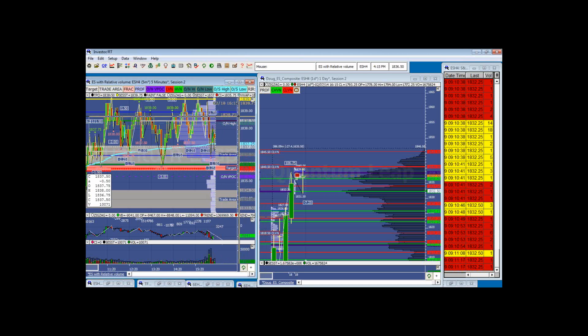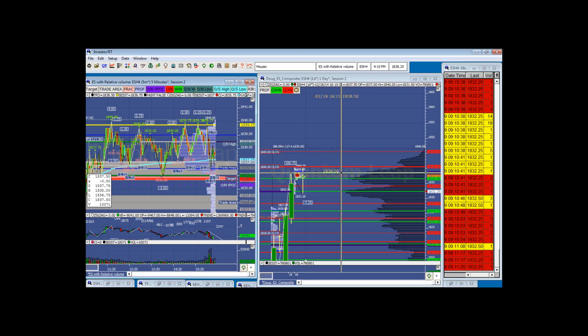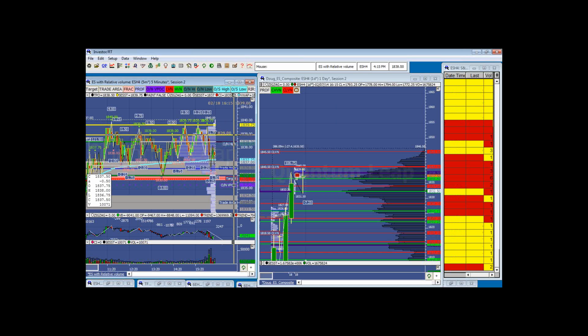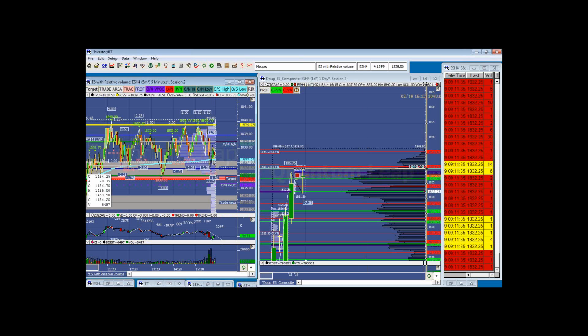Once inside of value, if we accept value again, everything shifts up to coming up and testing this 38.50, 38 and a quarter, and taking out the overnight high, and a push through to take out the other side of balance up here at 39 and test the other side of balance at 40. Excuse me. So you really have to watch this area between 39 and 40. So I'll be actually trading off of this 39.